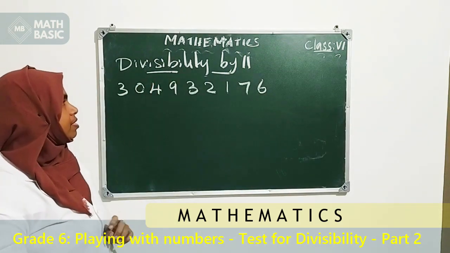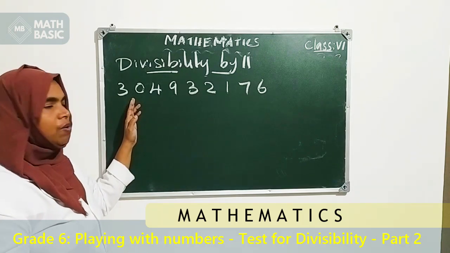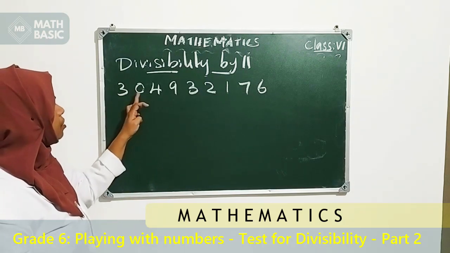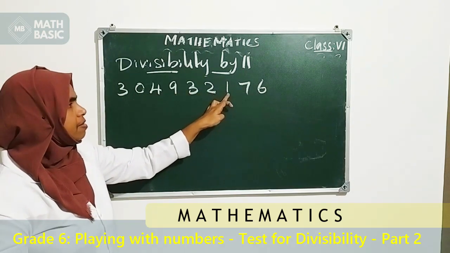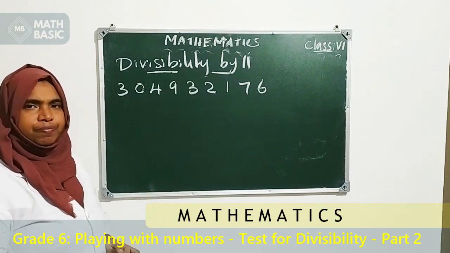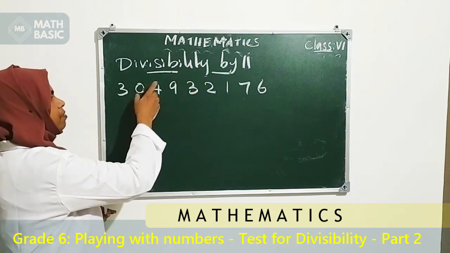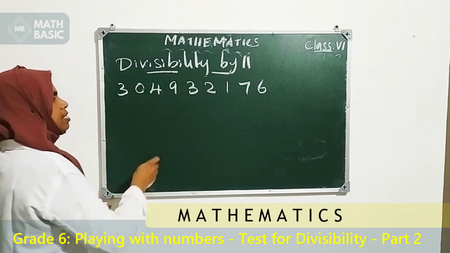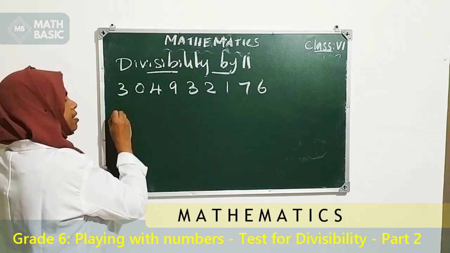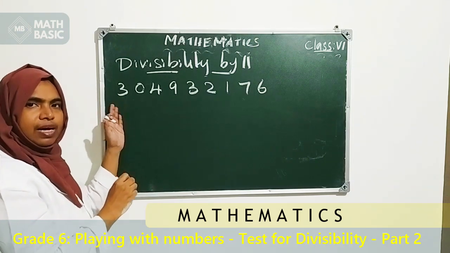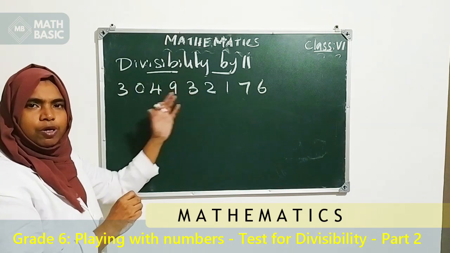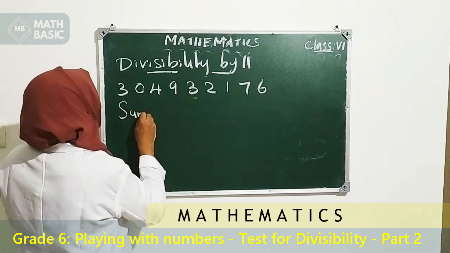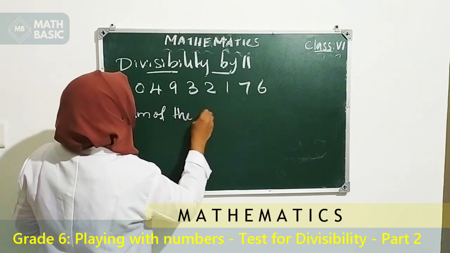How can we check the divisibility by 11? See this 9-digit number: 1, 2, 3, 4, 5, 6, 7, 8, 9. Easily we can check whether the number is divisible by 11 or not. What do we do first? Sum of the even places, sum of the odd places, then the difference between the sums. First, the sum of the odd places.